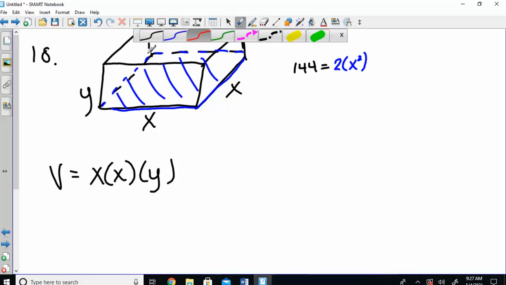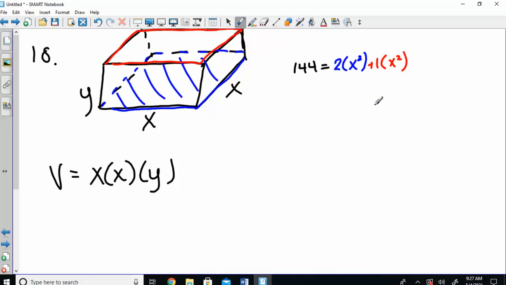So for the top, the cost is $1, and the area of the top, length times width, is x squared. Sides, are all my sides the same? They're all x times y, aren't they? There are 4 of those. They cost $1, their area is xy.